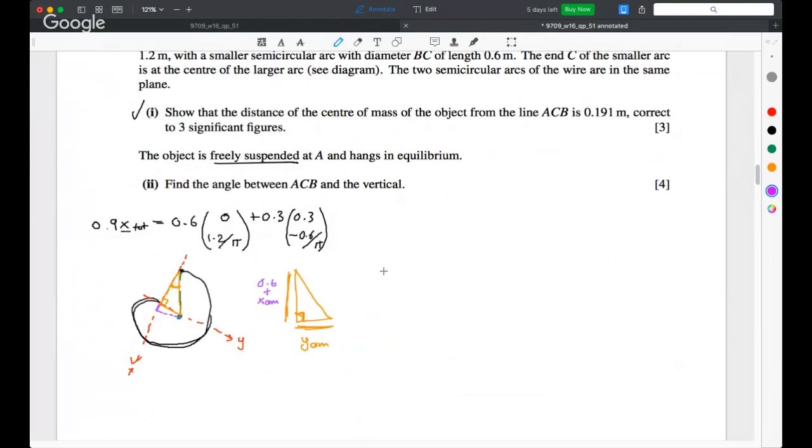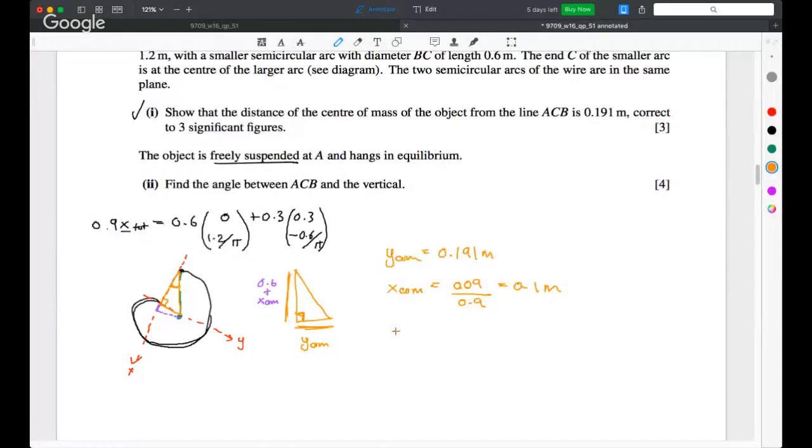Well, we have all of those. We have that y center of mass is 0.191 meters, and we can solve this for x. The x coordinate of the center of mass is equal to 0.3 squared, 0.09, over 0.9, which is 0.1 meters.